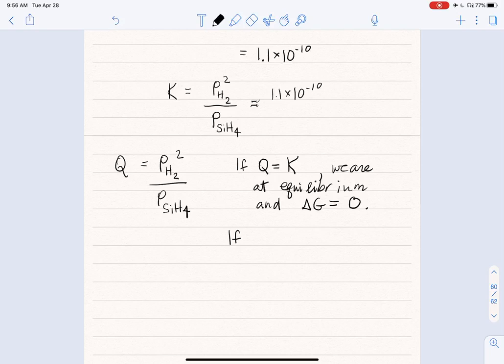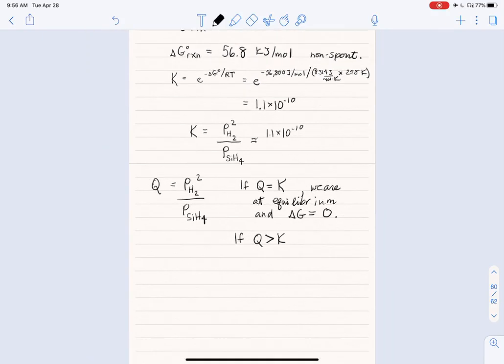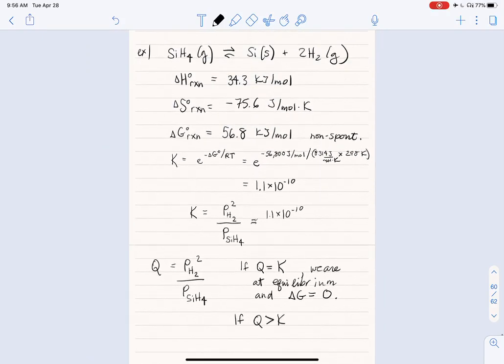Now, let's imagine what's happening if Q is greater than K. That means that you have excess H2, excess product. So according to Le Chatelier, the reaction is going to proceed in reverse. It's going to be reverse spontaneous. I hope that makes sense, right?